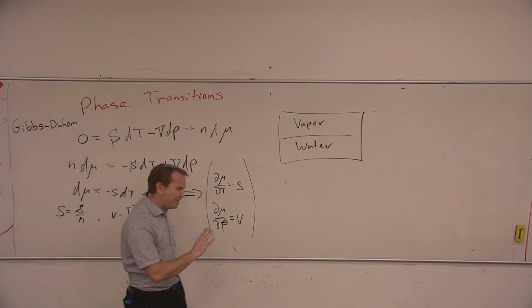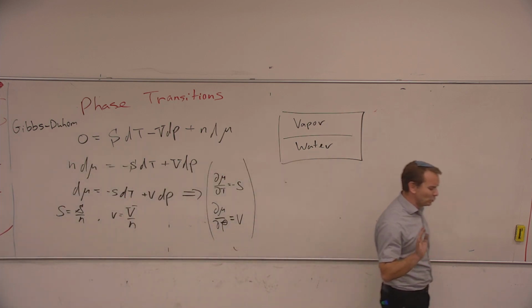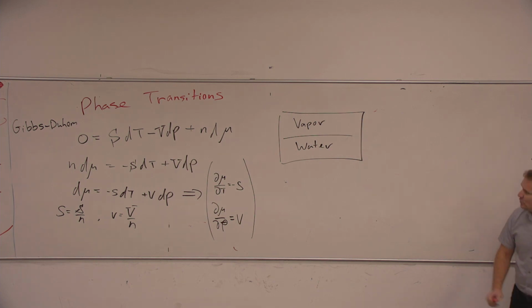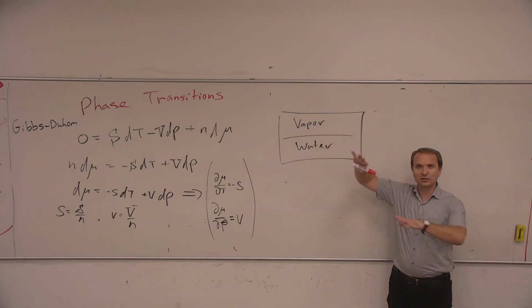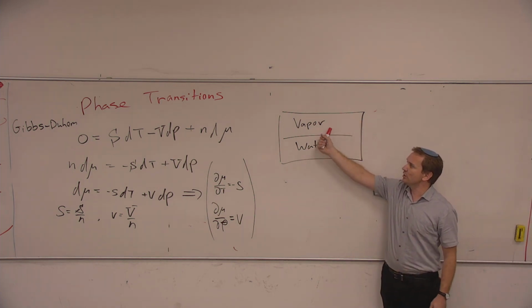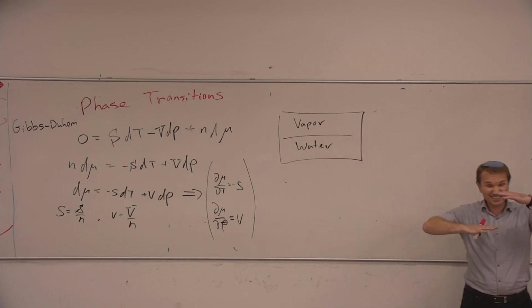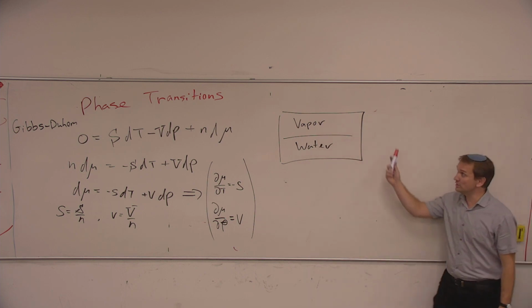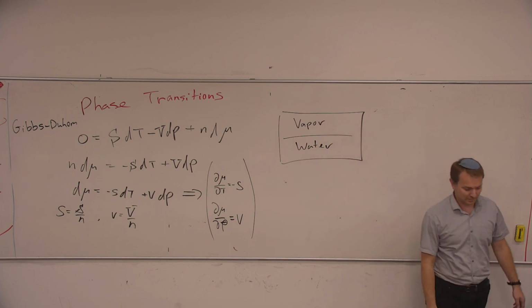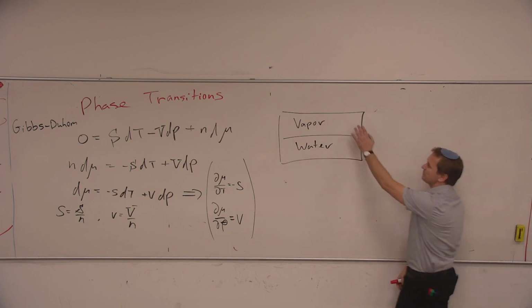I cannot say anything about what's going on out of equilibrium. So assume that my system is separated into two systems, one water and one vapor, and the total system of water plus vapor is in equilibrium, with a separation between vapor and water.